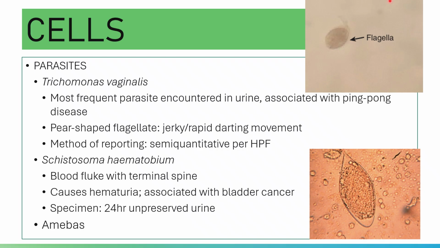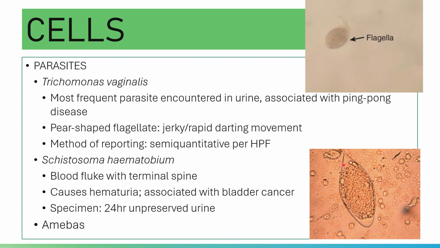Entamoeba histolytica in the urine is usually accompanied by red blood cells and leukocytes.